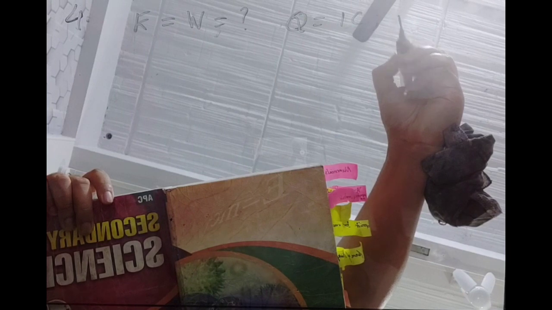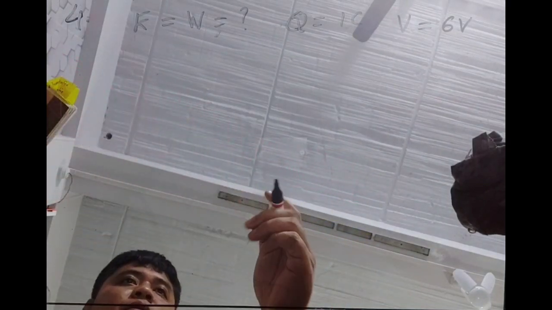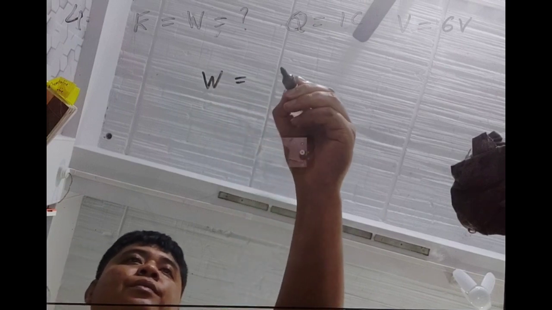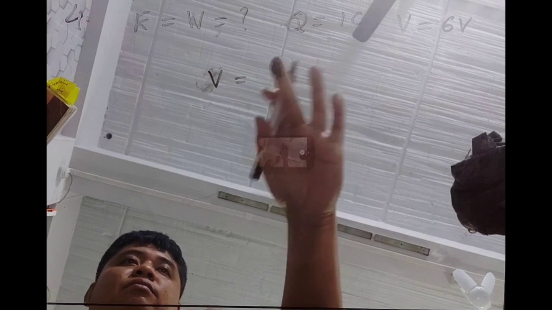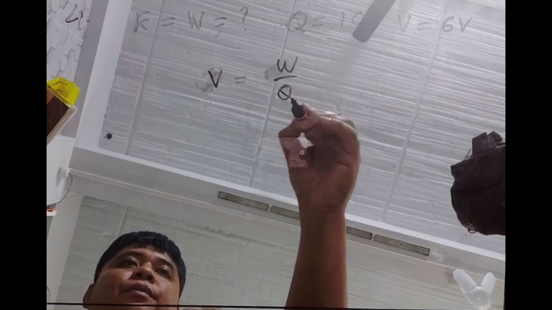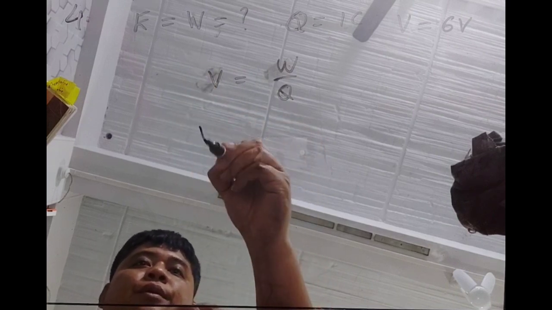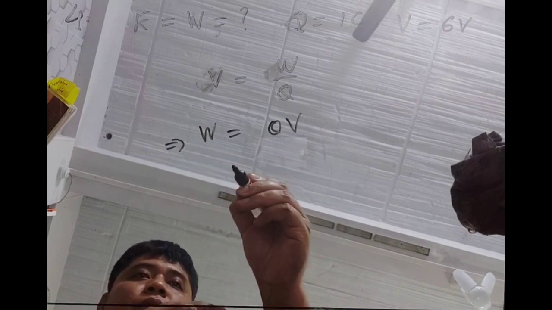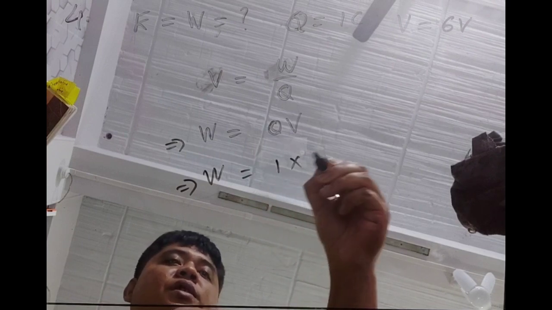And the potential difference of the battery is 6 volt. Applying the same formula, V equals W by Q, we are going to calculate W. W is Q into V. So W is equal to Q is 1, V is 6.